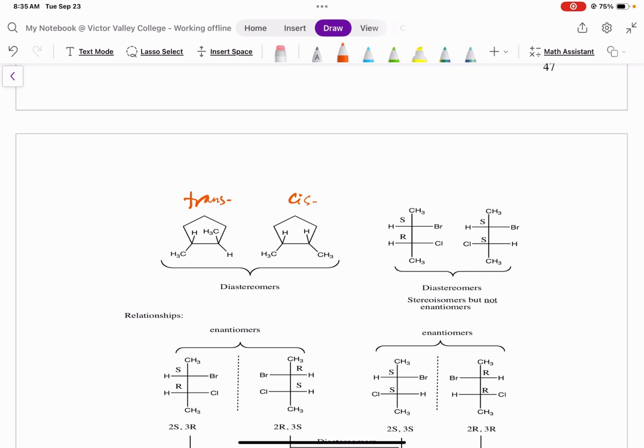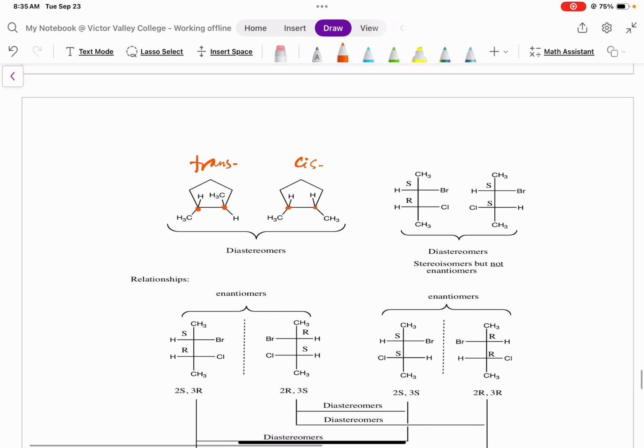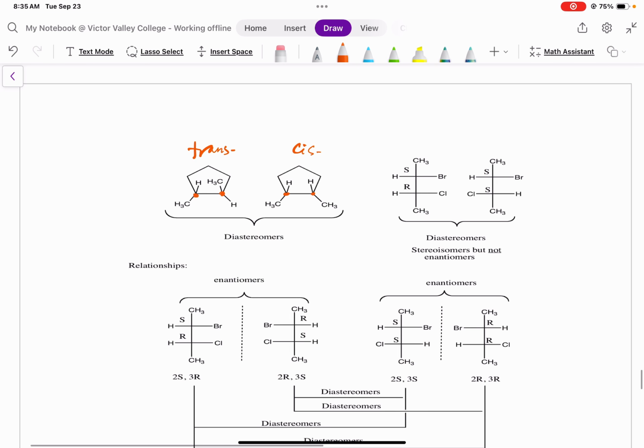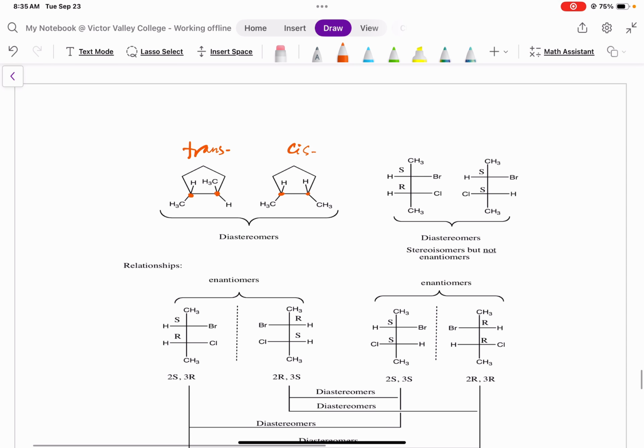These two are isomers, cis-trans isomers. We call them diastereomers because they have chiral carbons. These are chiral. They're not mirror images. They're not superimposable. Okay. And you notice they have to have at least 2 chiral carbons.